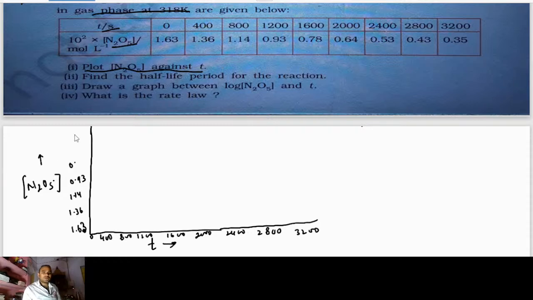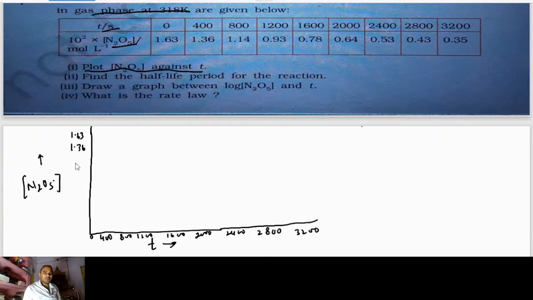Oh, sorry. Initially, this is the reactant, student. So we have to write in reverse order. Firstly, the concentration of the reactant will be highest.